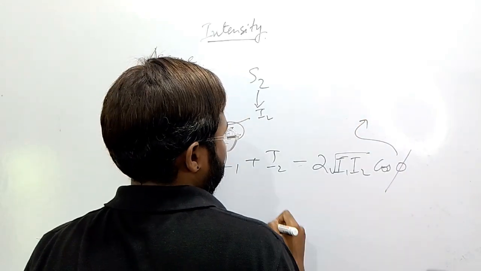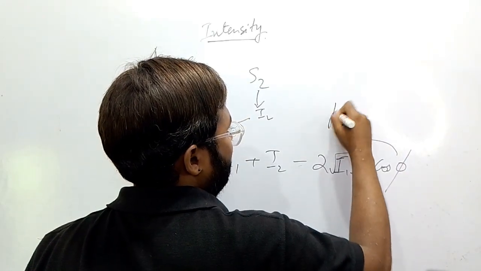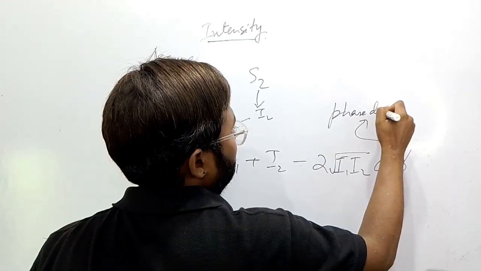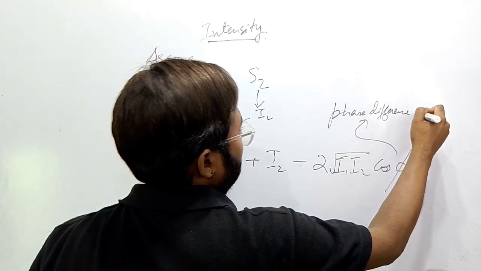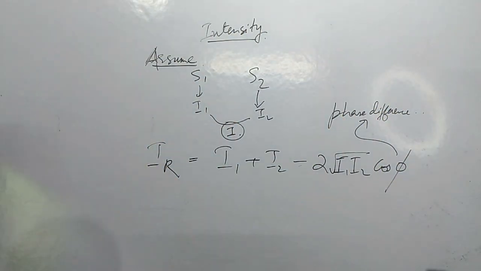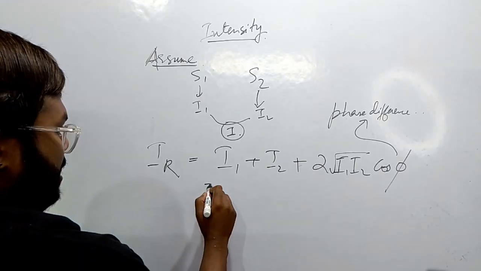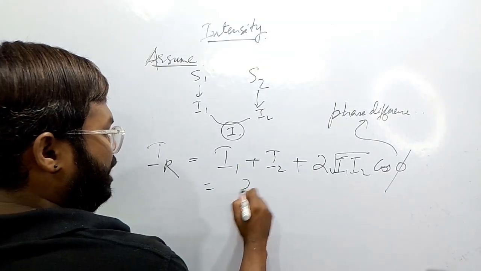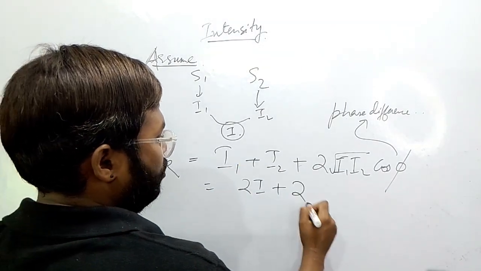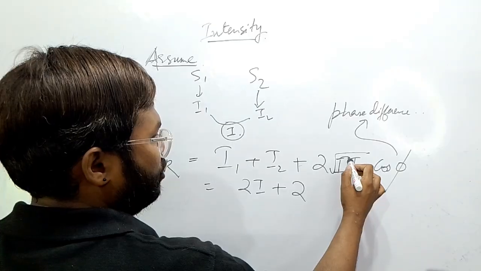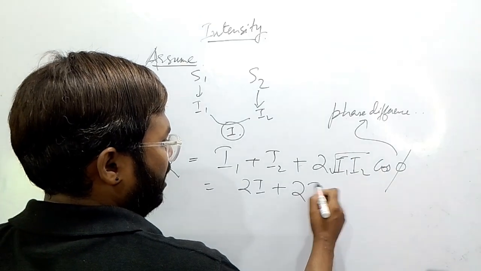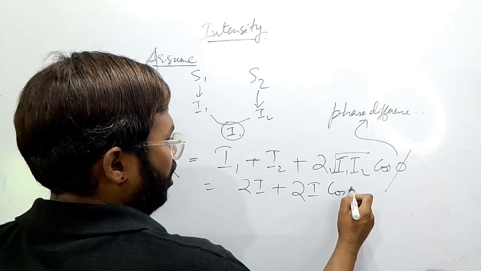This is the phase difference. Did you understand? Here it will be plus. Since this is the same, I plus I plus twice root I squared, and the root cancels out, so you will have only one I cos phi.